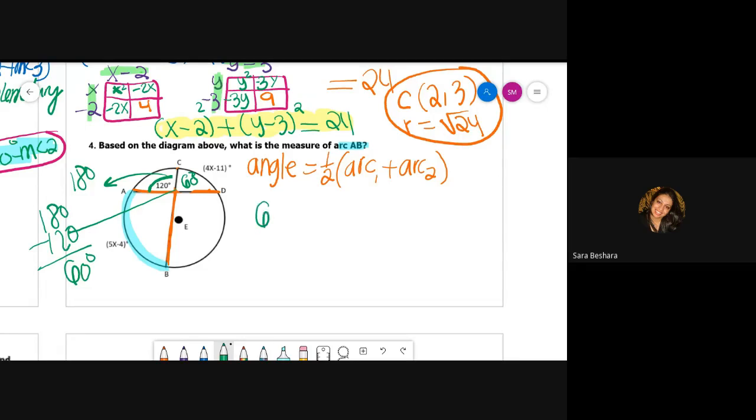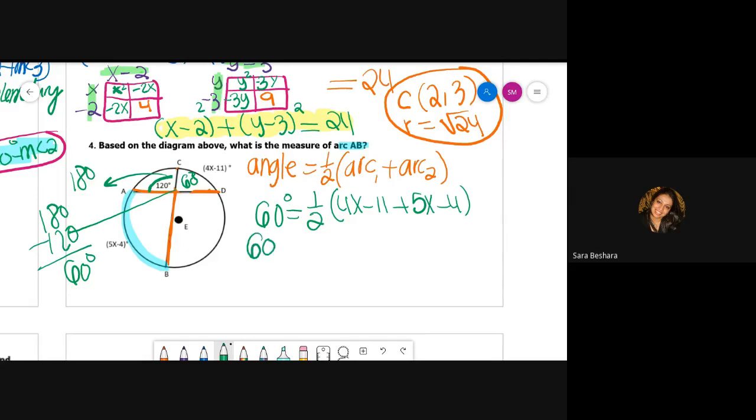And then we can use 60. So 60 equals 1/2 times arc 1, 4x minus 11, plus arc 2, 5x minus 4. Please remember, it doesn't matter which arc is which in this case because we're adding both of the arcs. So whether we put the 5x minus 4 first, then the 4x minus 11, it really wouldn't make a difference.